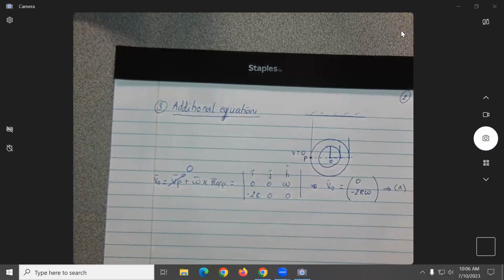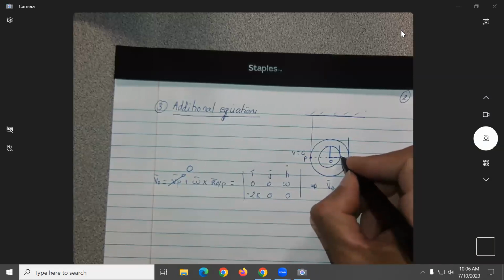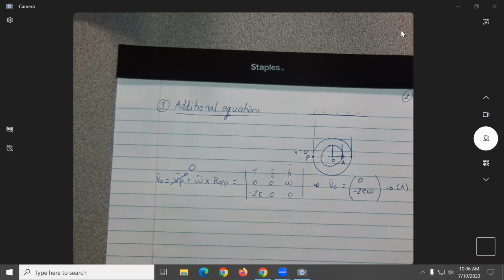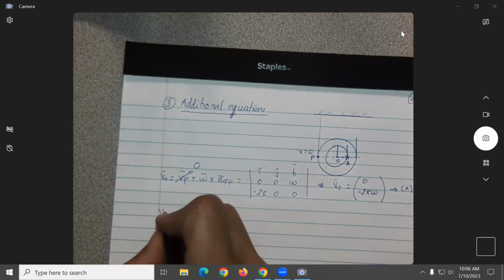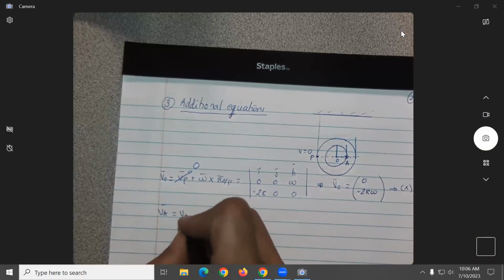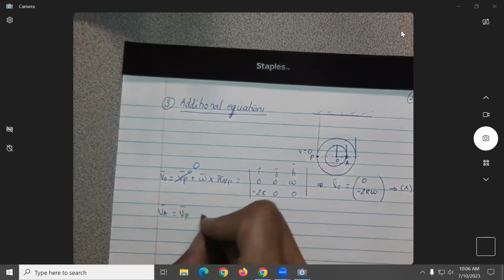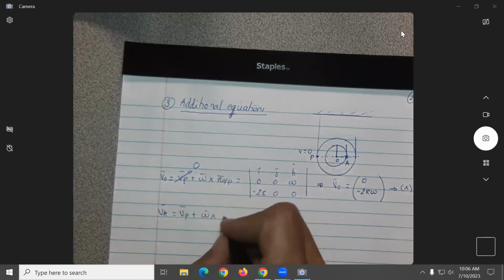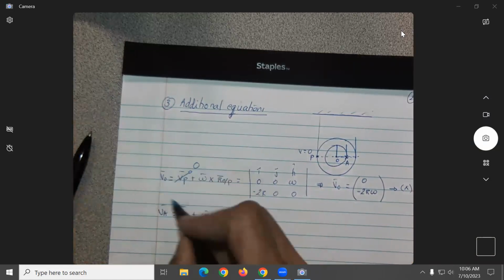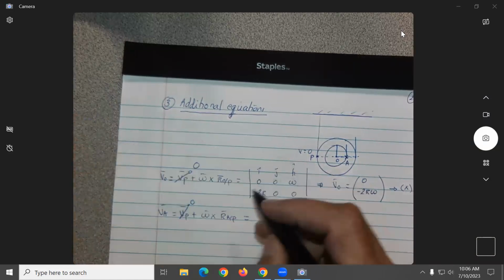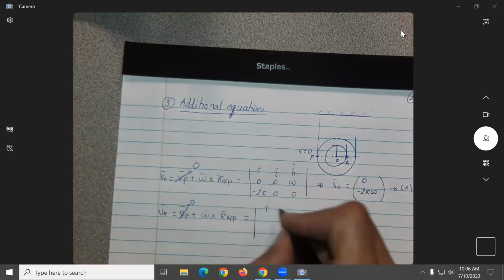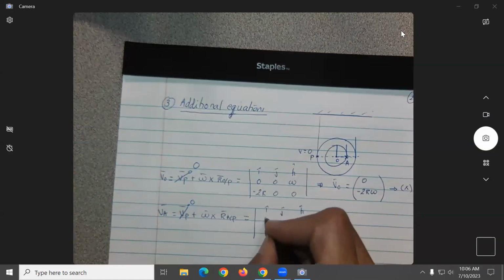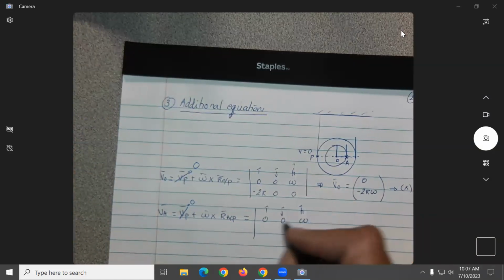So this motion here will be related to the motion of X, correct? Yeah. Now let's call this point here, let's say, A, where the spring is. Yes. So what would be VA? We can do it again from point P: VA equals VP plus omega cross R of A with respect to P. This will give us the determinant of i, j, k, 0, 0, omega.